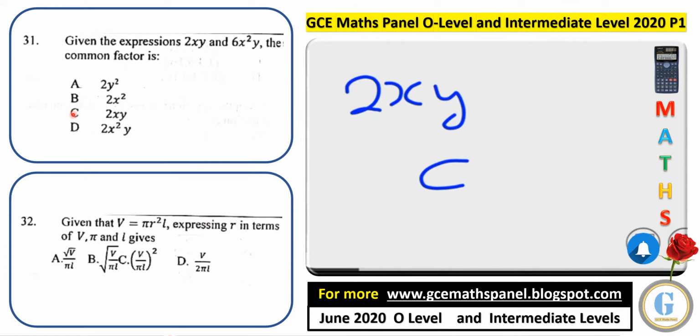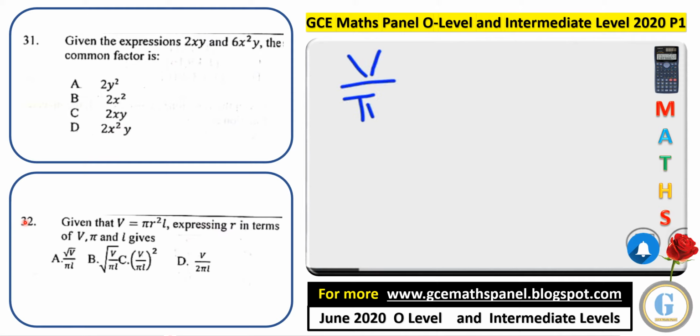Question 32. Given that v equals pi radius squared L, expressing r in terms of v, pi, and L gives. So here we have to make r the subject of the formula. To make r the subject of the formula, first of all, divide all through by pi L. So we have v over pi L is equal to the radius squared.